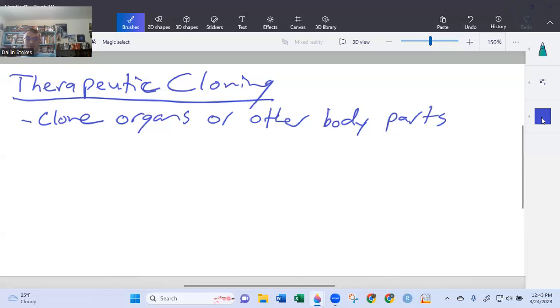So again, this won't solve genetic-based diseases, but it could solve other problems, like if you were just having kidney failure for natural causes, or heart failure, et cetera, things that you would need an organ transplant for.